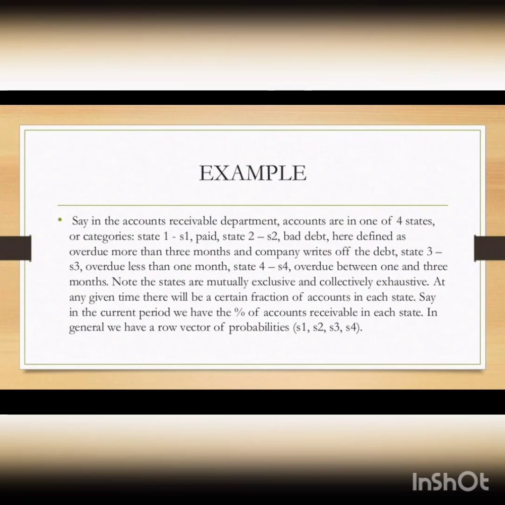Note the states are mutually exclusive and collectively exhaustive. At any given time, there will be a certain fraction of accounts in each state. Say in the current period, we have the percentage of accounts receivable in each state. In general, we have a row vector of probabilities S1, S2, S3, and S4.